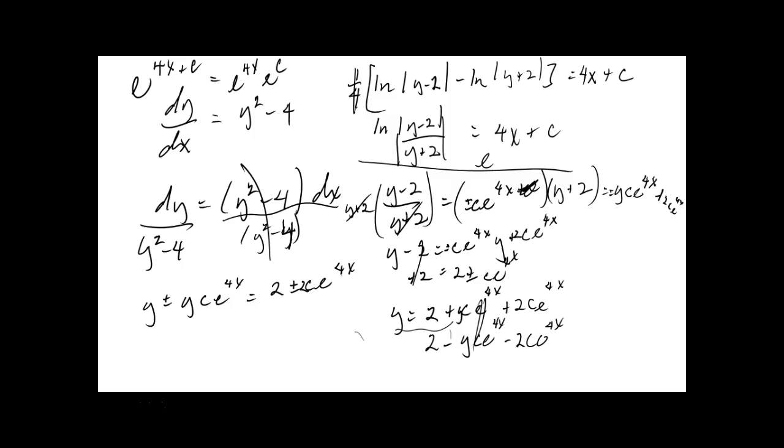Now, factor out the y here, and you have 1 plus or minus ce to the 4x. Factor out the 2 here, and you get 1 plus or minus 2ce to the 4x. Yuck.